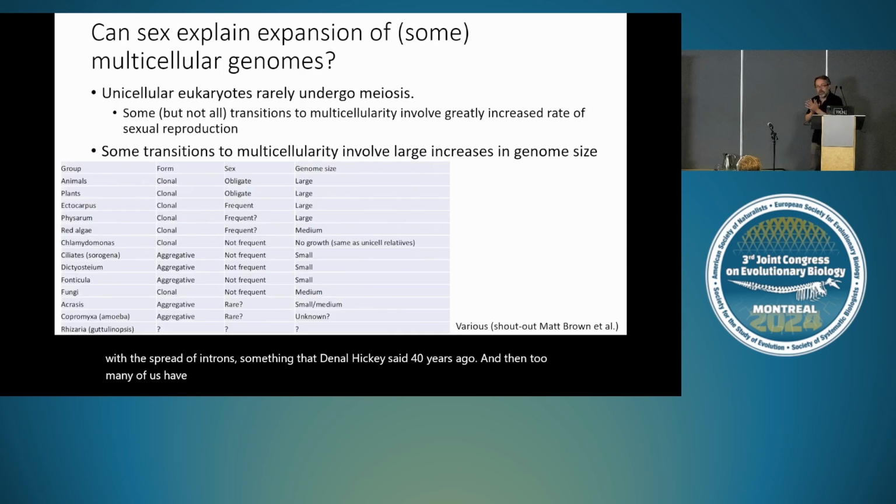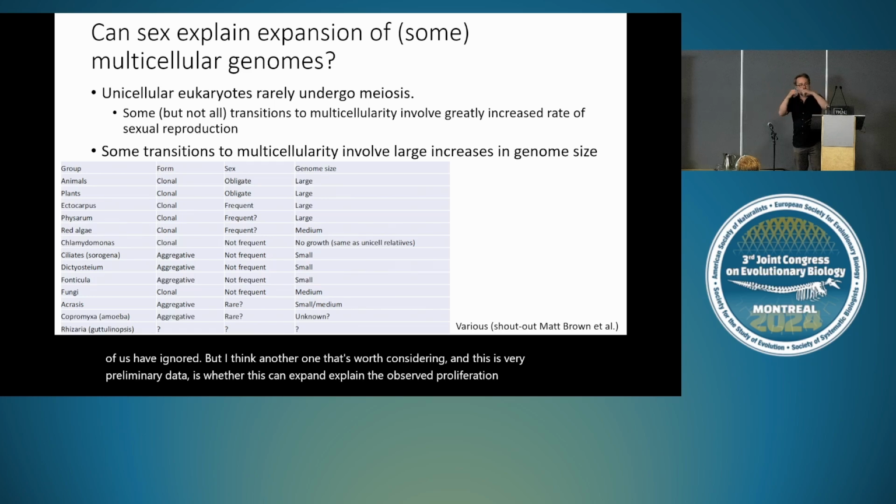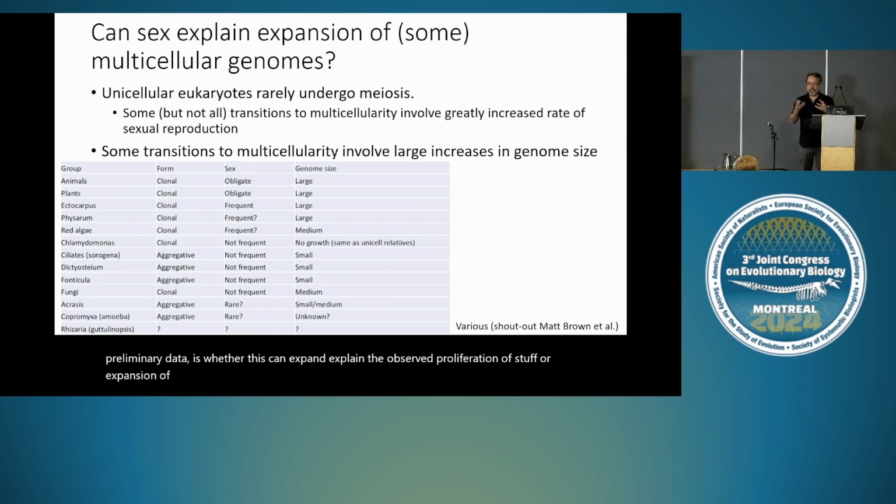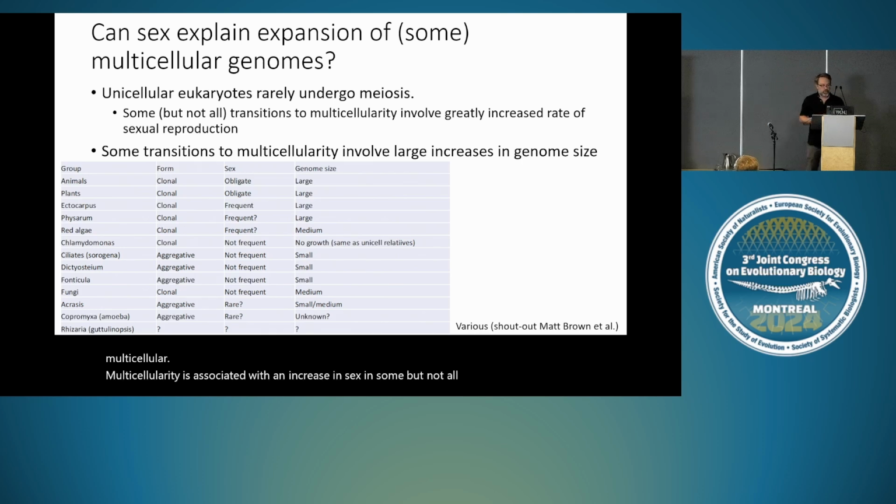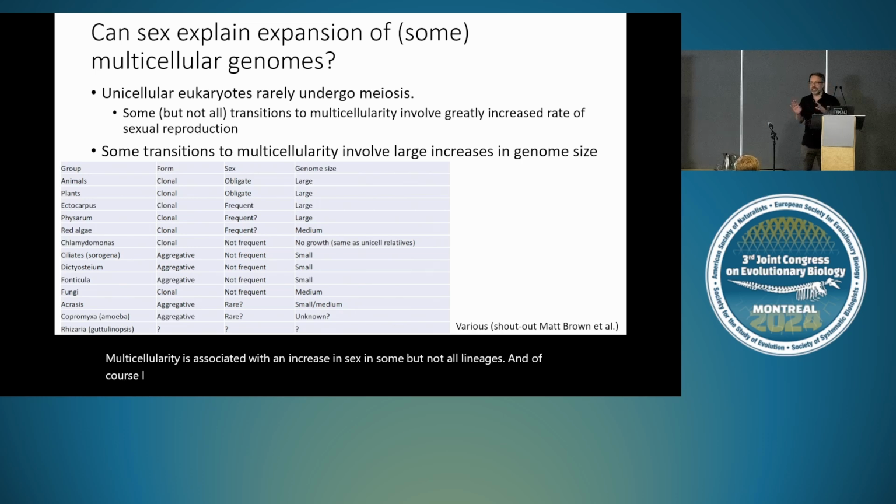But I think another one that's worth considering, and this is very preliminary data, is whether this can explain the observed expansion of genomes in multicellular lineages. Genomes expand in some, but not all, multicellular lineages. Multicellularity is associated with an increase in sex in some, but not all, lineages. And of course, I know this data looks silly, and I agree.